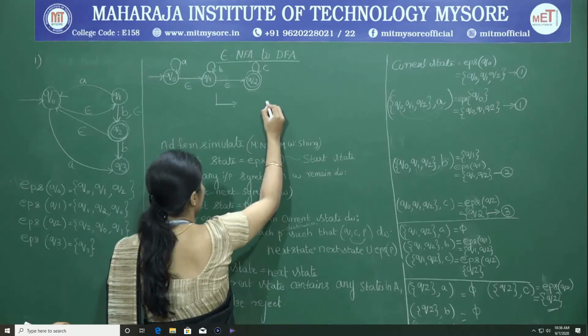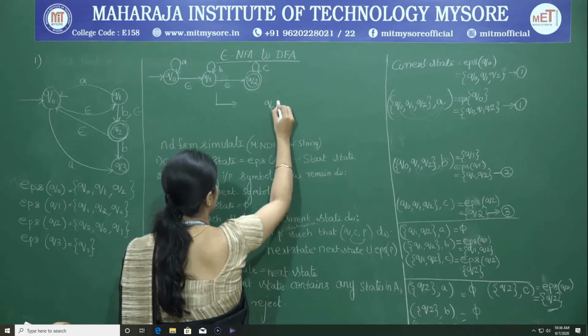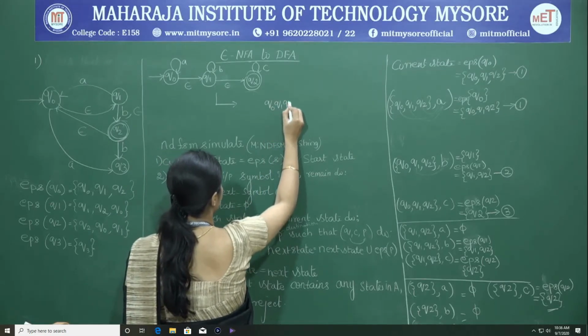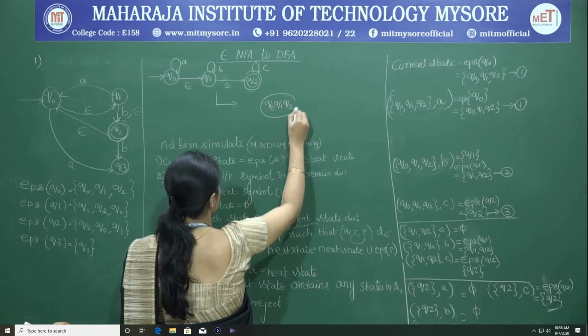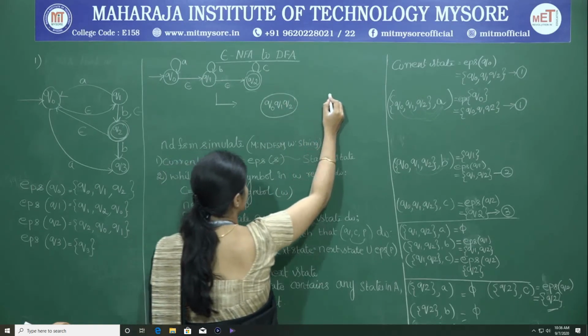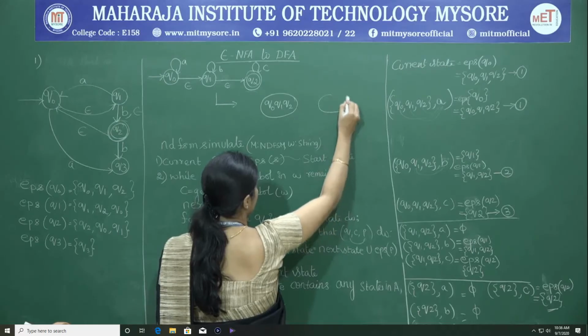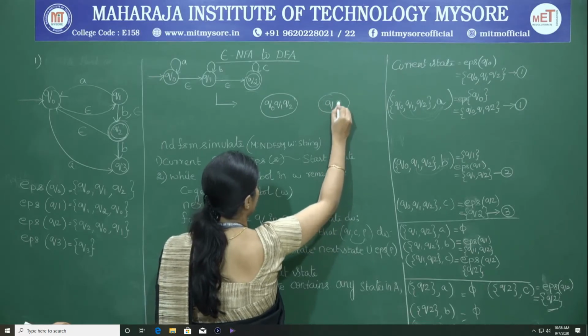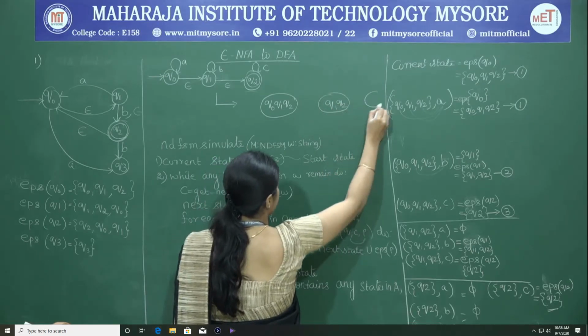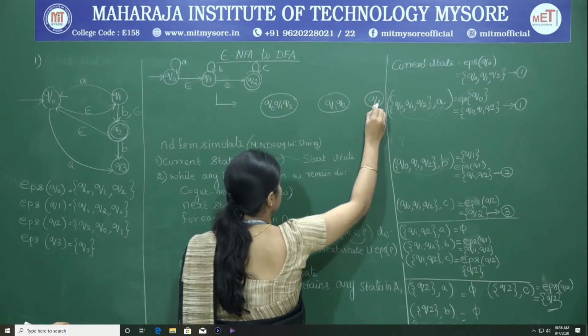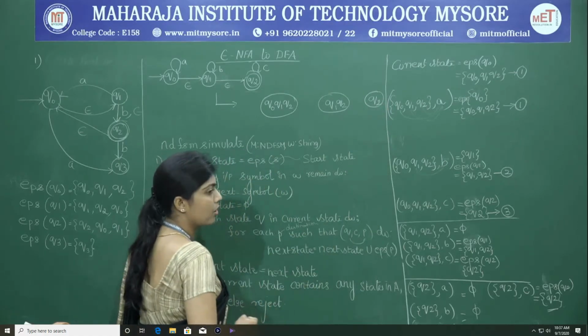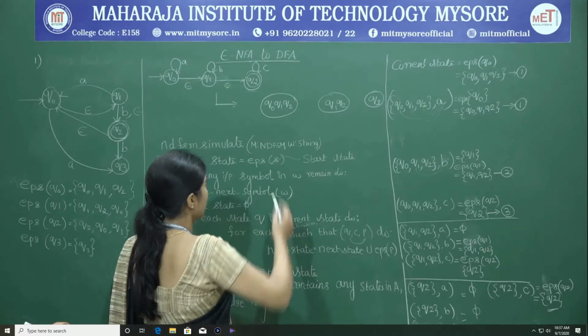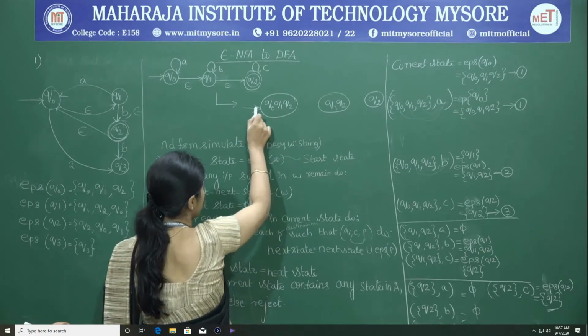So we'll write here. The first state is nothing but Q0, Q1, Q2. So we'll write this as the first state. The second state is nothing but Q1, Q2. The third state is Q2. Next, we'll add up all the transitions that we have found out. So this is the start state.